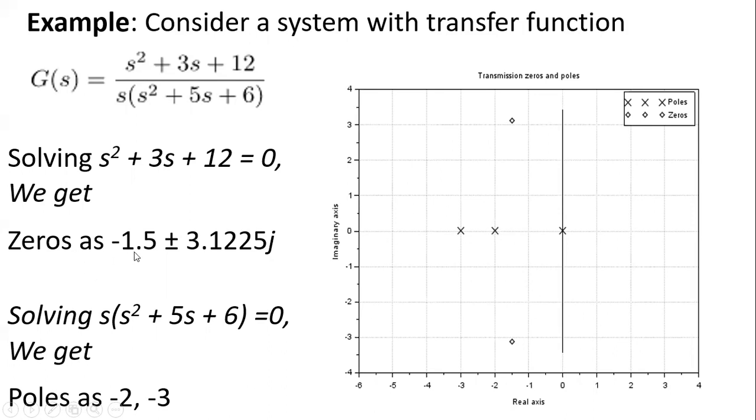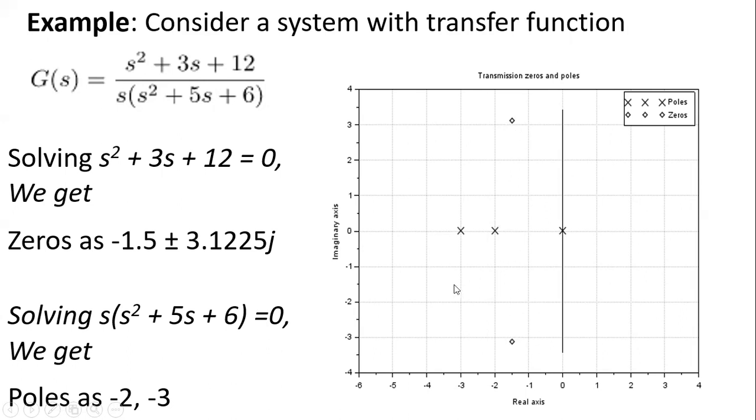Our zeros are minus 1.5 plus 3.1225j, which is here, and minus 1.5 minus 3.1225j. These two are the zeros.